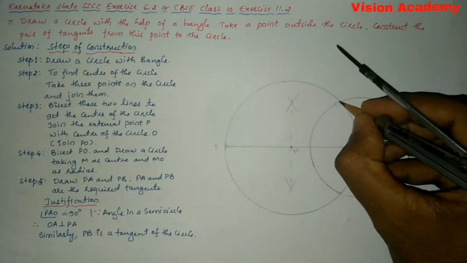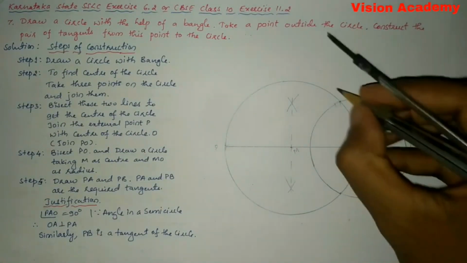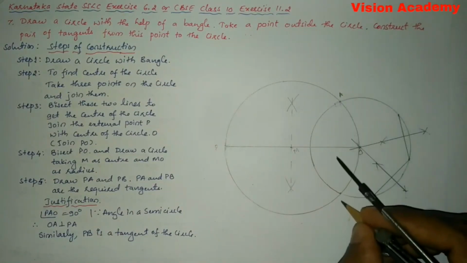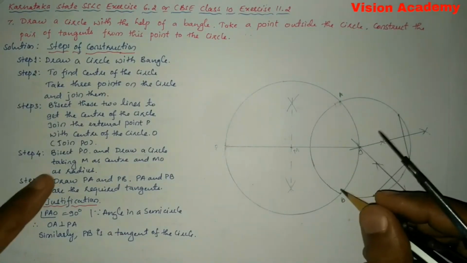Now this circle intersects at 2 points, so let us name this as A and this as B.